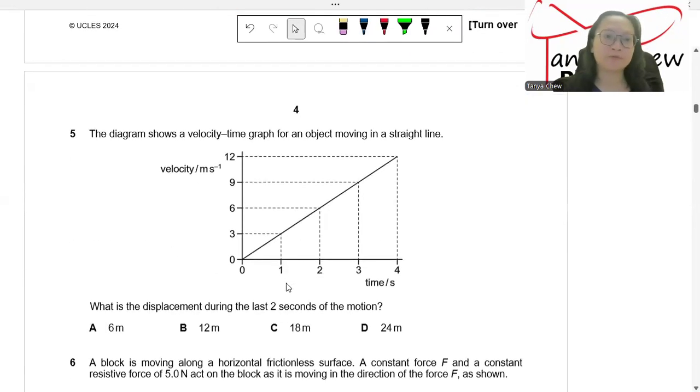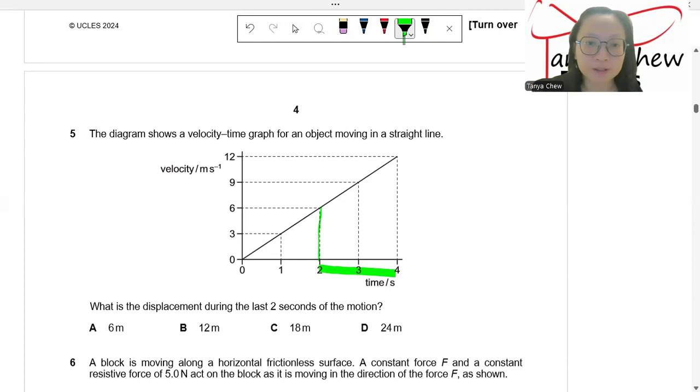Now, question number 5, the diagram shows the velocity time graph for an object moving in a straight line. What is the displacement during the last 2 seconds of the motion? Last 2 seconds is actually this, 2 to 4. So they want you to find the displacement. Remember what I told you in my other videos?